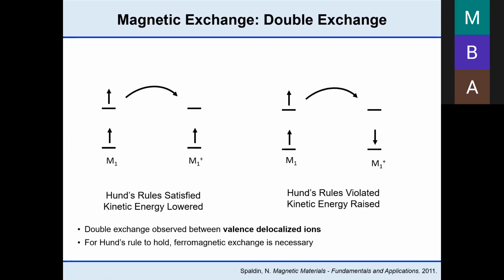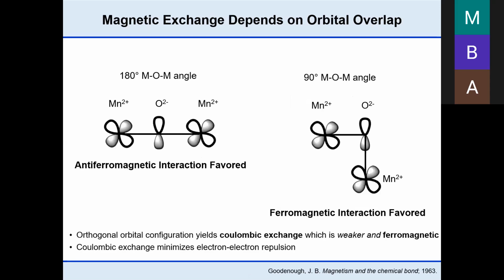And again, to make it clear, you can have multiple different exchange mechanisms operative at the same time. So generally speaking, the mechanisms that you'll have to be familiar with are superexchange, direct exchange, and double exchange. I don't have a slide on direct exchange though.